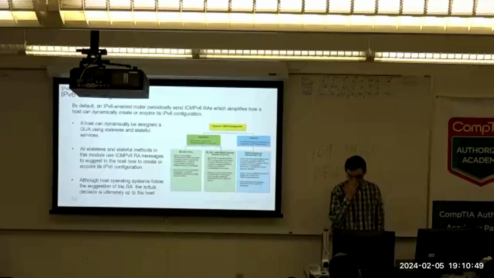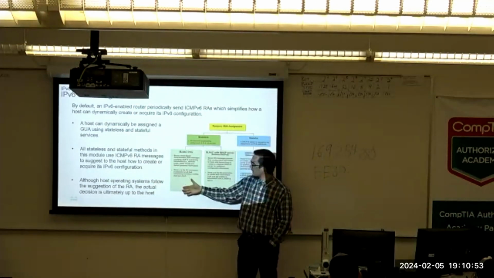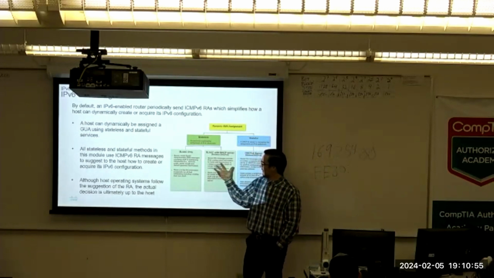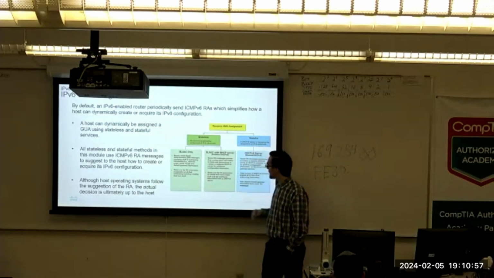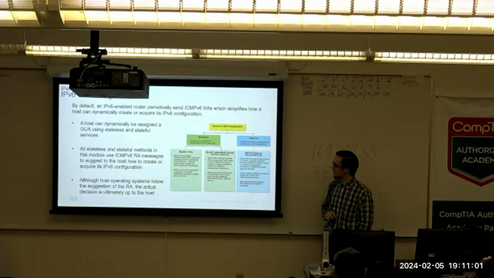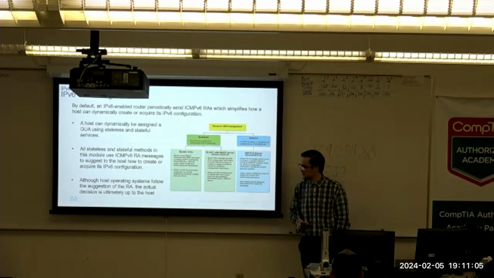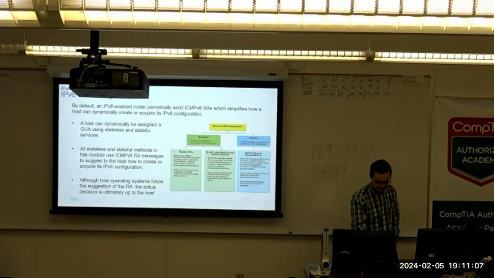All right. That's a good thing to keep in mind. Okay, when we talk about what happens with slack, half slack, and stateful DHCPv6, the host can manually assign itself anything or decide to talk to a different IP address.